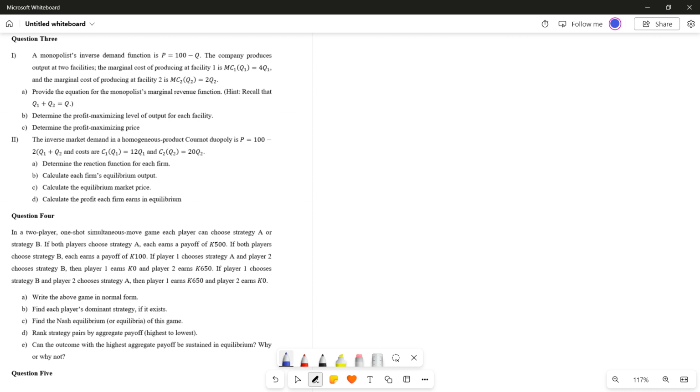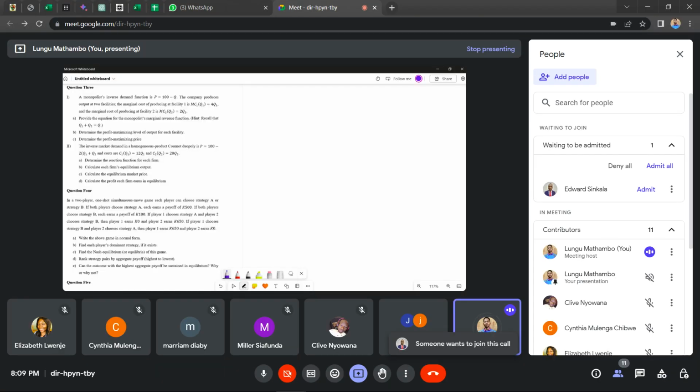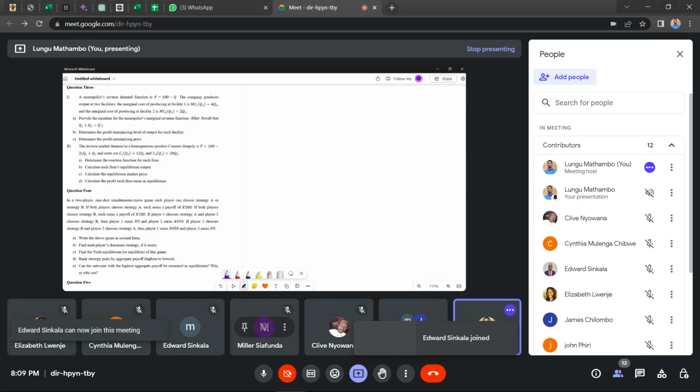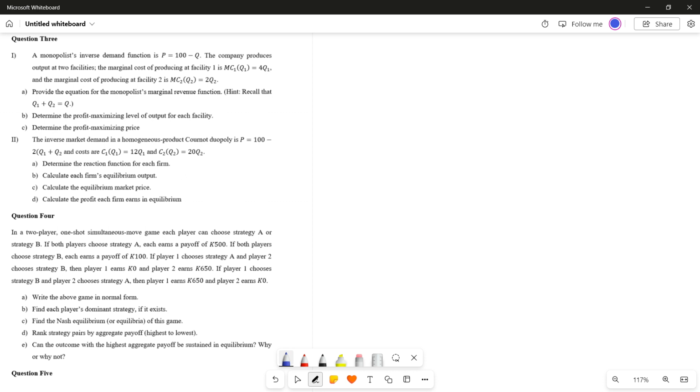So I think we managed to get the reaction functions for each firm. Remember, we said that we are dealing with a Cournot duopoly, and this is a component of oligopoly, and oligopoly is one of the market structures.